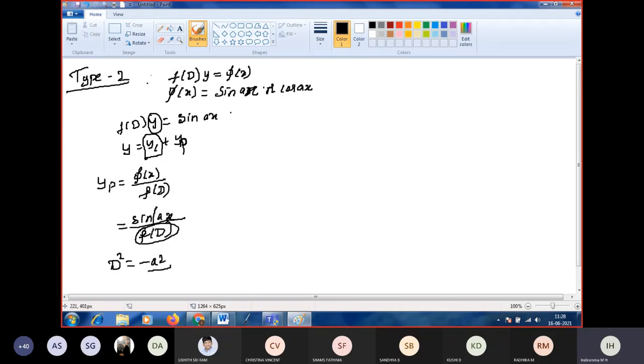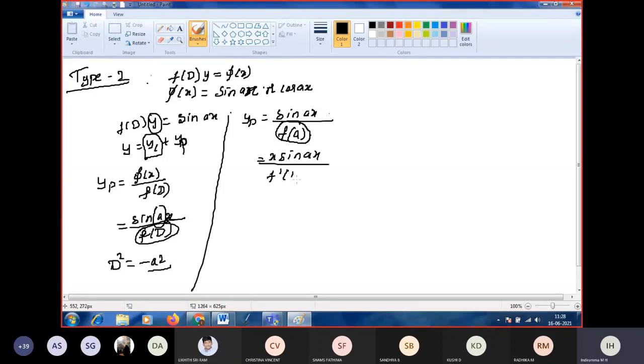Then you will get yp as sin ax divided by f of a, where we have replaced. If the denominator is 0, the procedure is the same: multiply the numerator by x and consider the denominator as f dash of d.